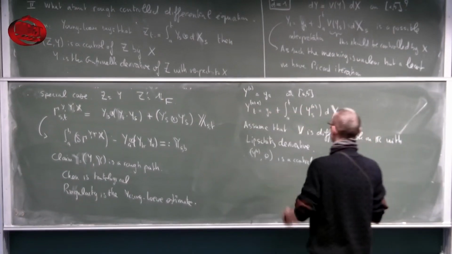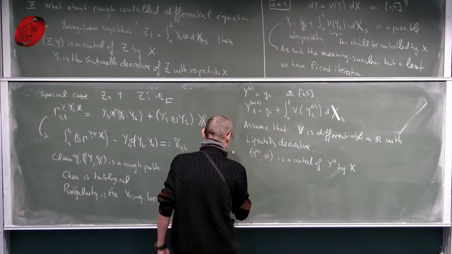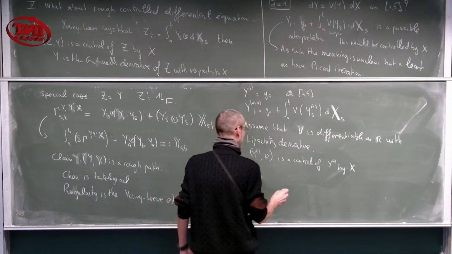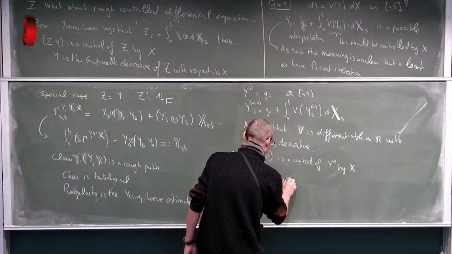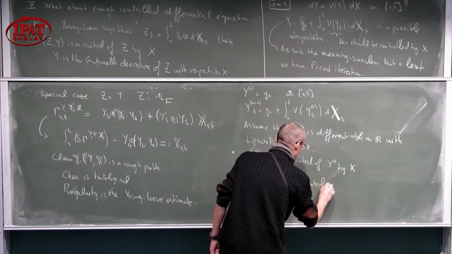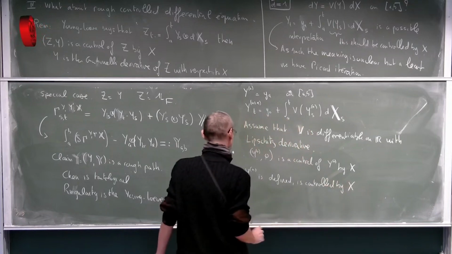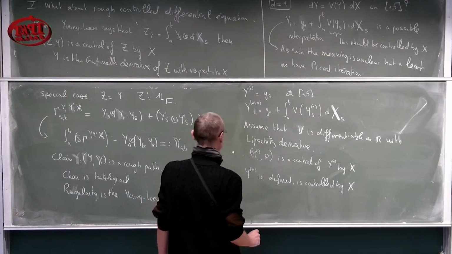So that's the first step. And now imagine that y_n is defined and controlled by x.